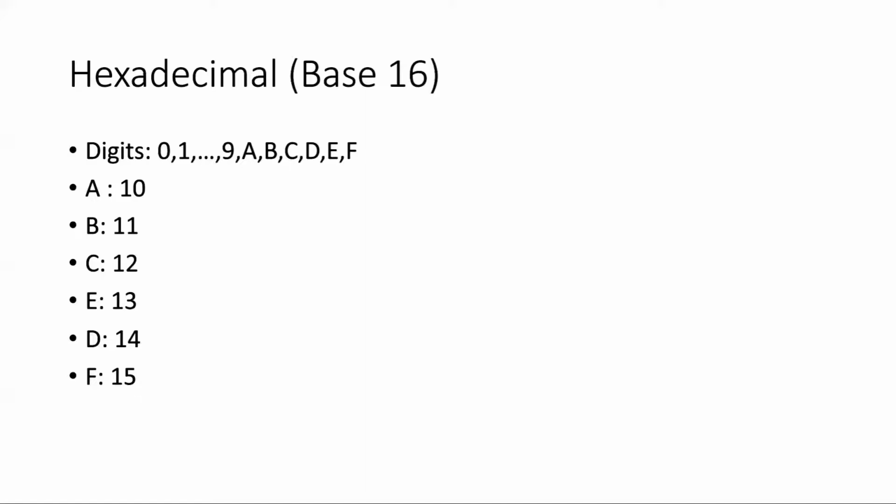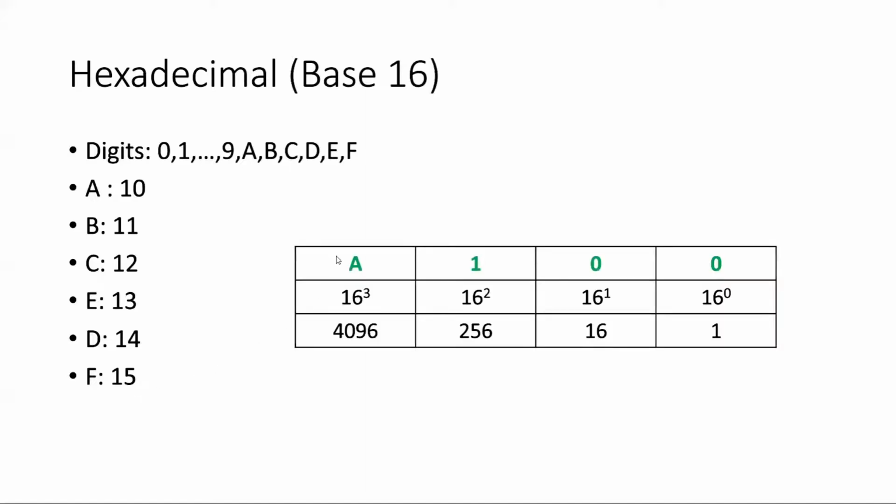Let's see an example. Here we have a number in the hexadecimal system, which is A100. Similar to the base 2 system, we put the base and then we put its power. So here we have 16 to the 0, 16 to the 1, 16 to the 2, 16 to the 3.